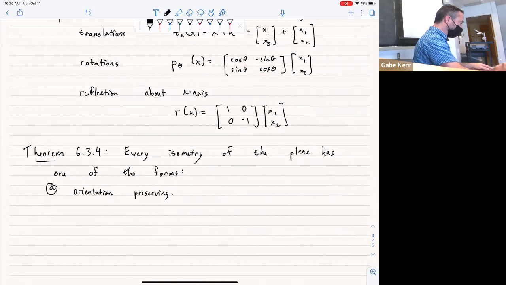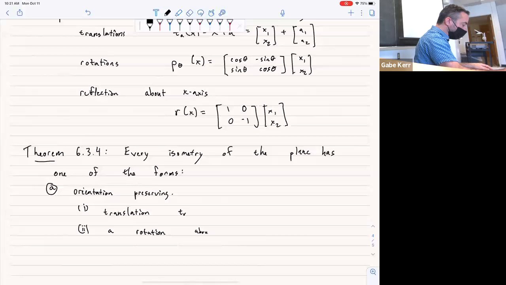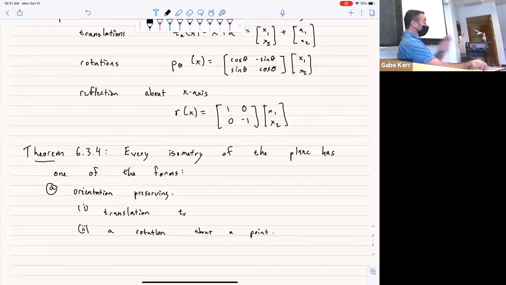So if we have an orientation preserving isometry, let me just say what they are, and then we'll continue next time. So it's either a translation, T_d, or a rotation about some point, which is surprising, or should be surprising to you a little bit, because we know we have something that preserves our orientation.